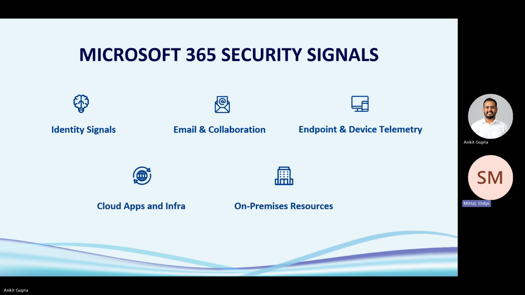For organizations with hybrid environments, Defender for Identity, formerly Azure ATP, monitors your on-prem Active Directory. It detects threats such as pass the hash attacks, golden ticket attempts, and lateral movement on your internal network, sending alerts to the cloud portal.